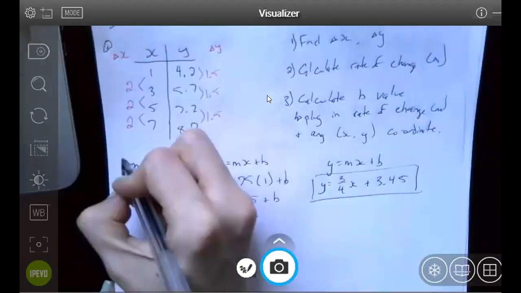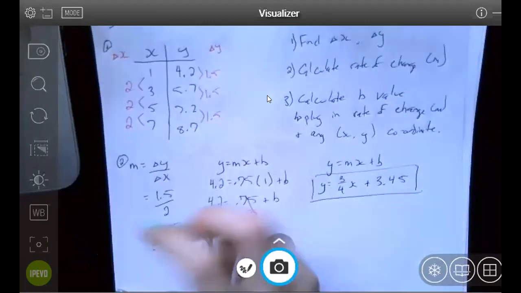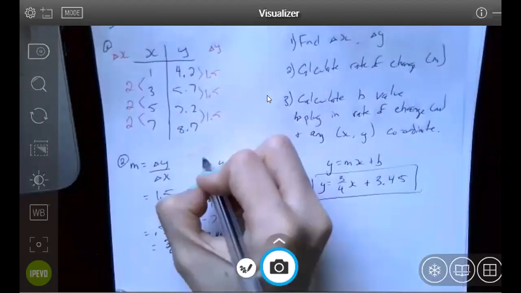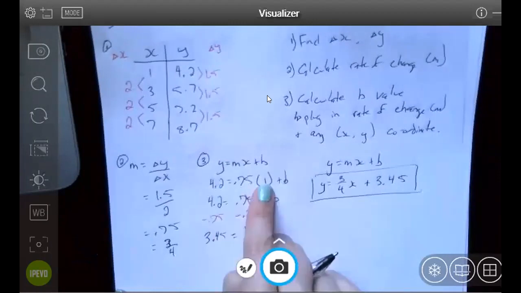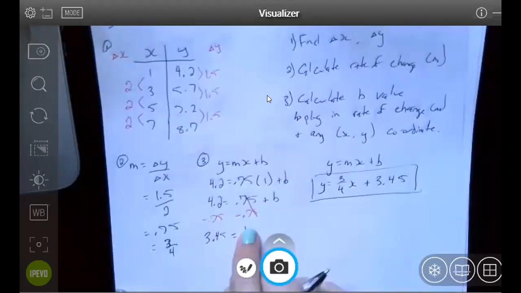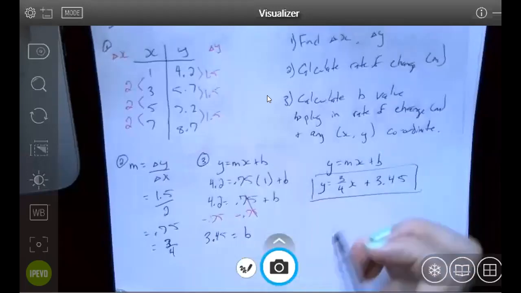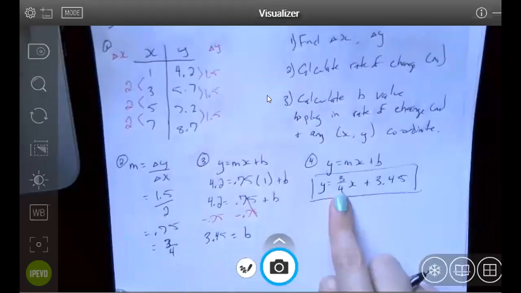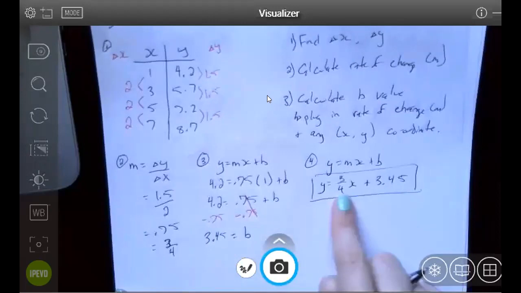Step two was calculating our slope, or sorry, our rate of change, our m value. Step three was plugging in a coordinate and our m value in order to solve for b. And then our last step is to just plug in our m value and our b value into the y equals mx plus b equation.